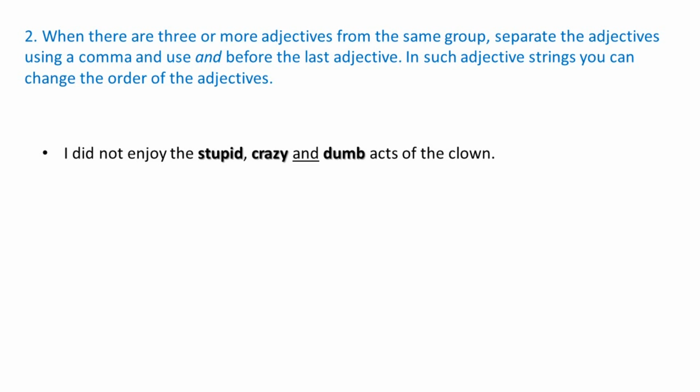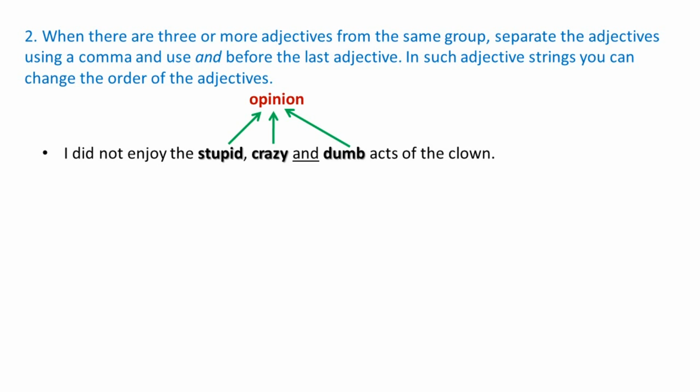They are stupid, crazy and dumb. They all belong to the same group of adjectives, that is opinion. Therefore, you need to place a comma after the first adjective and use a conjunction between the second and the last adjective.